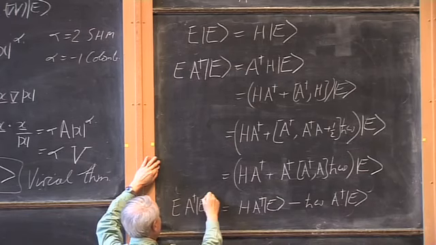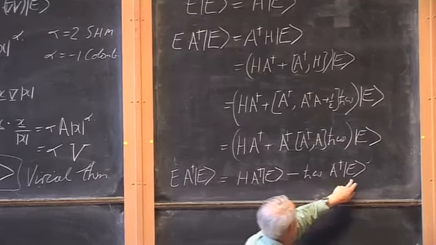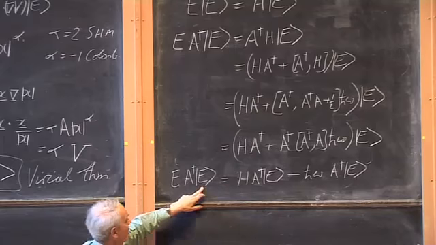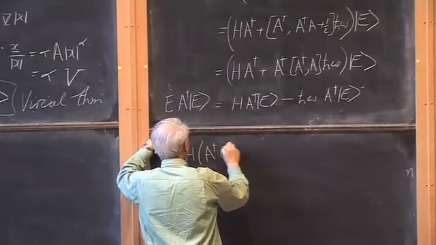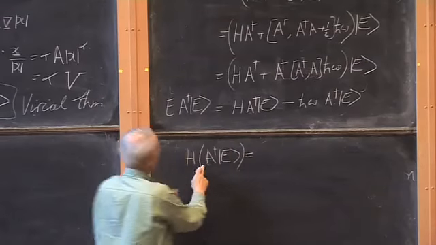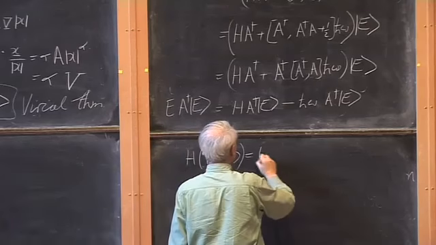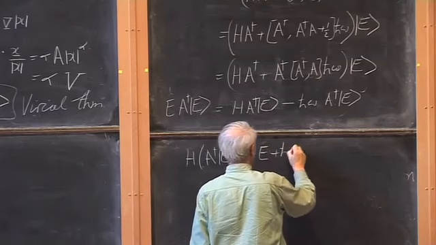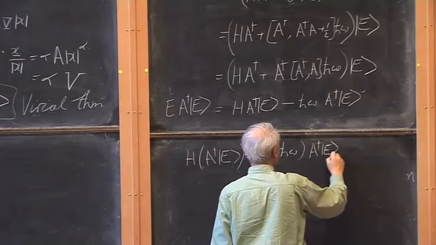This is just a restatement of what's been at the top. So we take this a dagger |E> and join it onto that a dagger |E>, and we discover that H on a dagger |E>, the ket that you get by using a dagger on |E>, is equal to E plus h bar omega of a dagger working on |E>.